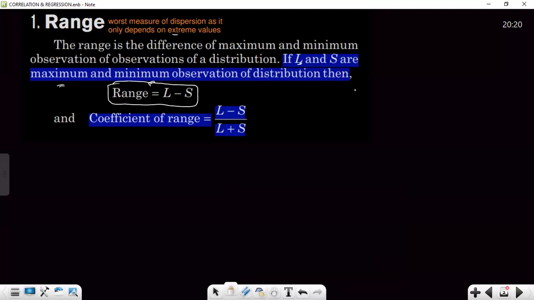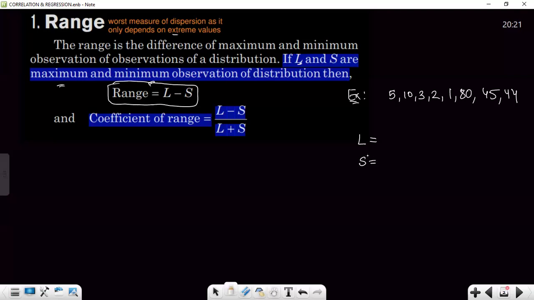As simple as that. Let's take an example of ungrouped data: 5, 10, 3, 2, 1, 80, 45, 44. So this is the ungrouped data that we have. What is L? What is the maximum value here? And what is the minimum value?